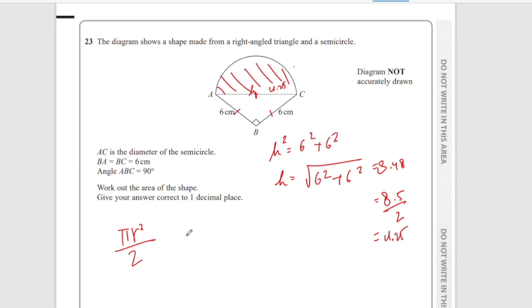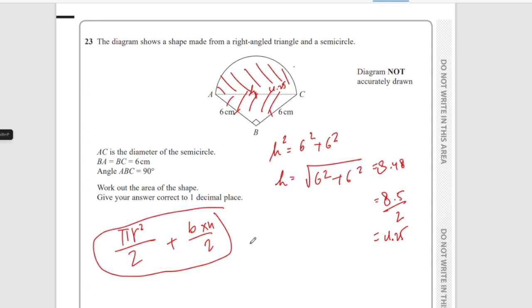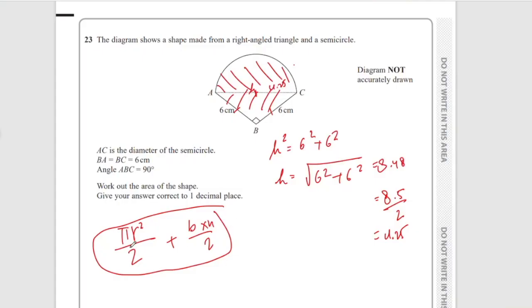The area of a triangle is base times height divided by 2. We will find both these things and add them. As we know the radius is 4.25, we will do pi times 4.25 square divided by 2, and then the triangle's base is 6, the triangle's height is also 6, and divide by 2.